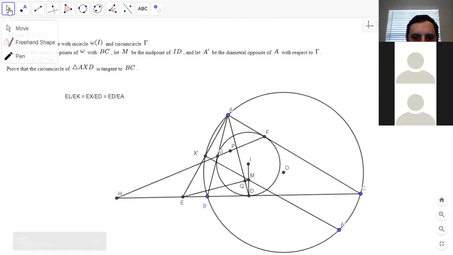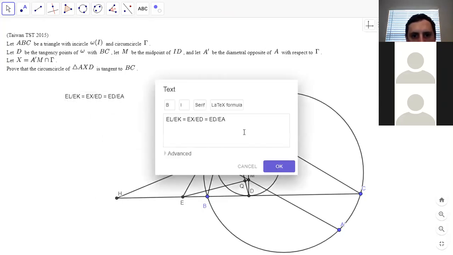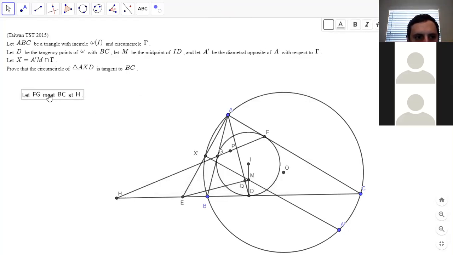Okay. So let FG meet BC at H. And then let E be the midpoint of HD.